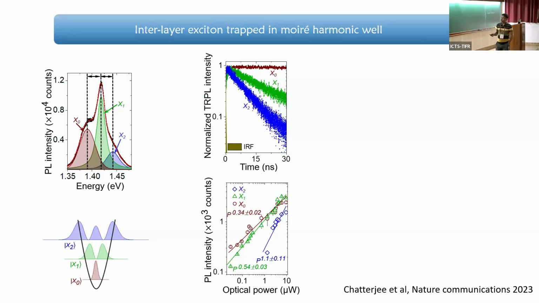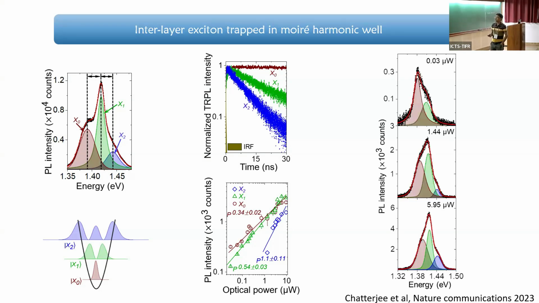So here, what you observe is that the topmost one is almost like P to the power 1, so that makes sense. However, the ones which are more protected are becoming P to the power 0.5, P to the power 0.34. So it's becoming more and more saturated. You increase the power, and you're not able to generate enough excitons. And this is again a very common feature for confined systems. There is just a bottleneck for which you are not able to generate a sufficient number of excitons.